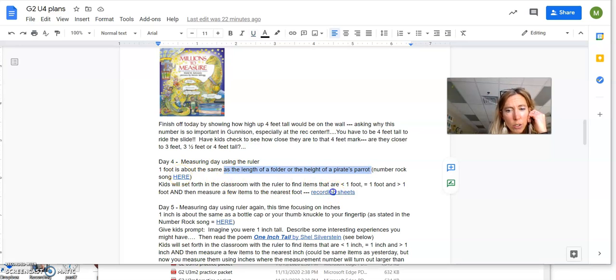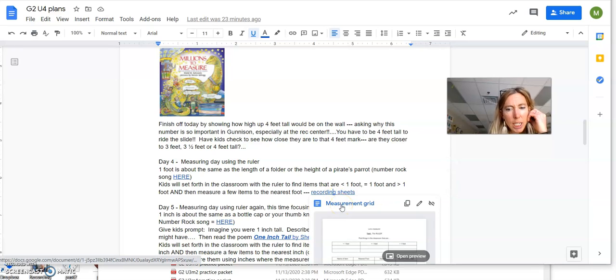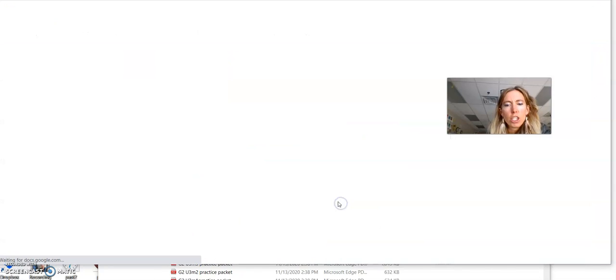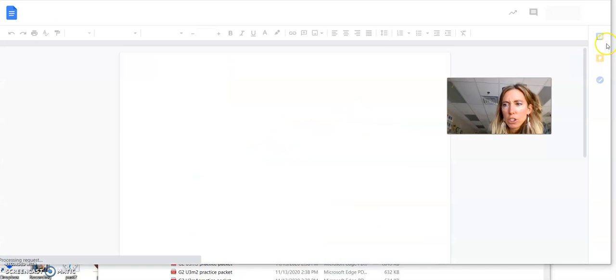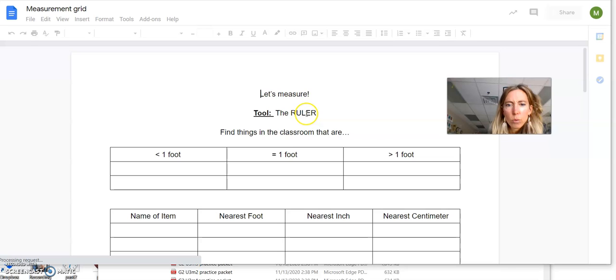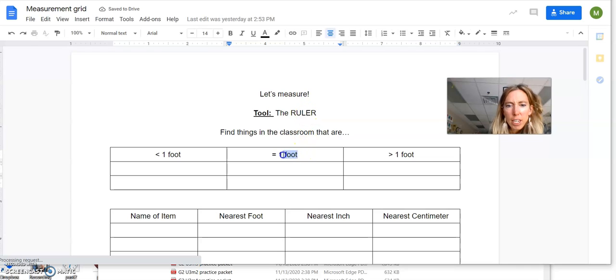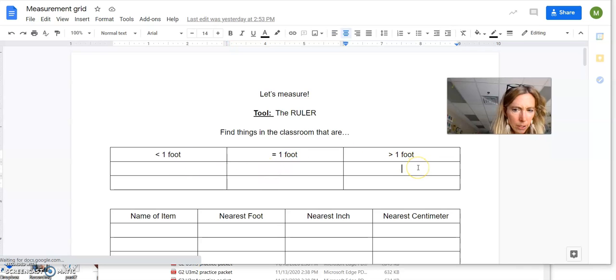And then you could use these recording sheets, if you would like, that I revamped. You would just use this first page on this day of using the ruler and looking at just feet on the ruler. And they'd go through and write something that's less than a foot, something that's equal to a foot, something that's bigger than a foot.